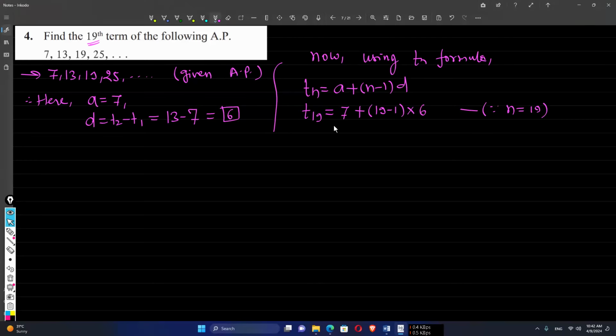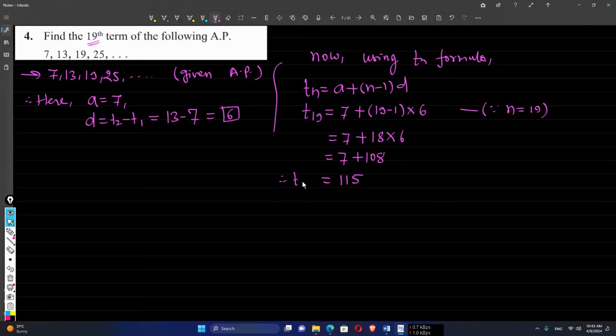Okay, now let's further modify it. 7 plus 19 minus 1 is 18 times 6. So 7 plus 18 times 6 is 108, and 108 plus 7 is equal to 115.